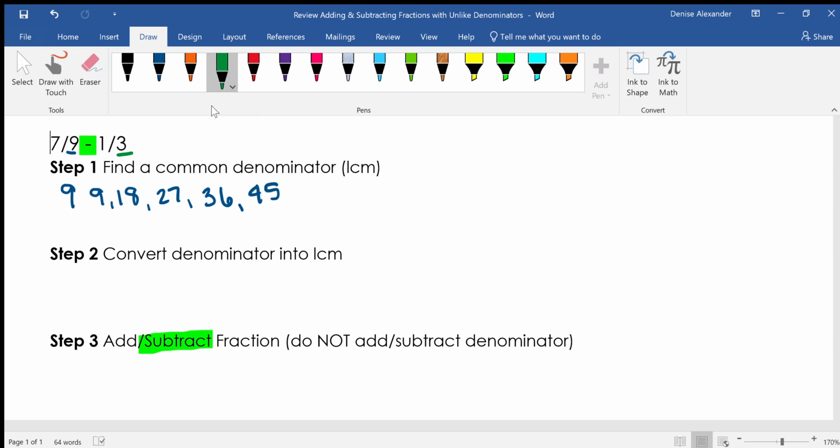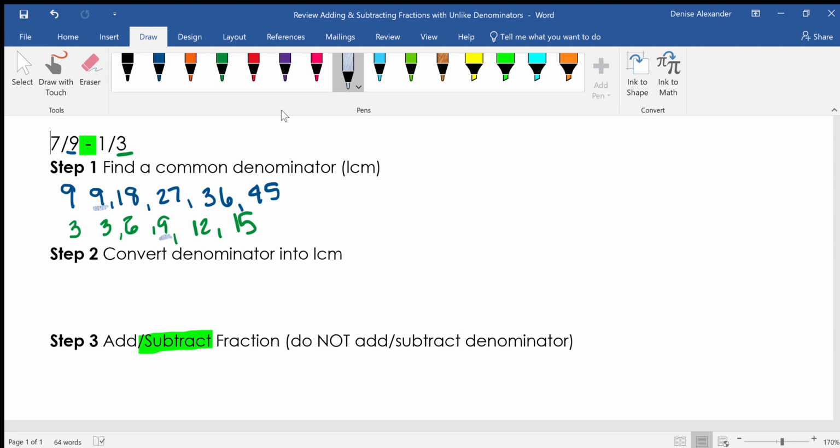And then I have 3: 3, 6, 9, 12, 15. Now I need to find the least common multiple. I see I have a 9 here, and I have a 9 here. So I'm going to underline the 9s. This is my least common multiple, you guys. Nothing else that we can see right now they both go into, but this is the least common denominator.